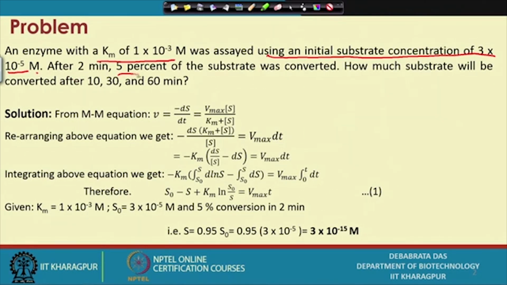After 2 minutes, 5% of the substrate was converted. How much substrate will be converted after 10 minutes, 30 minutes and 60 minutes?